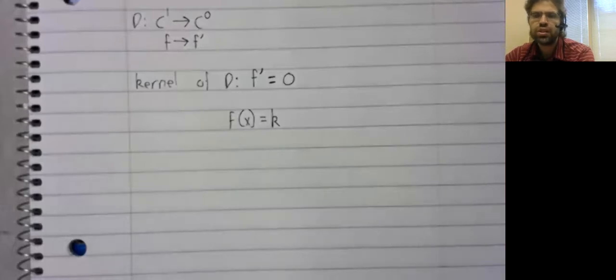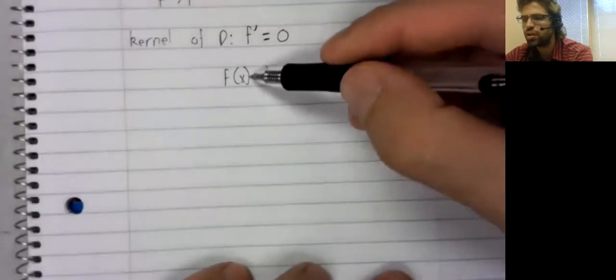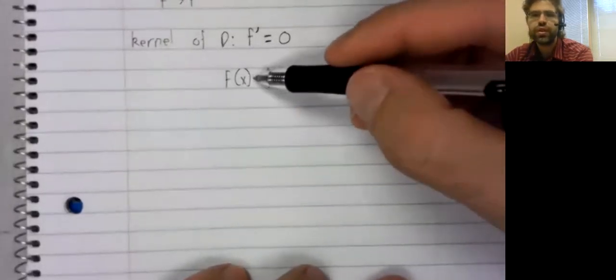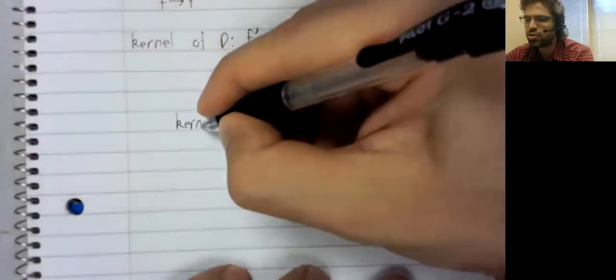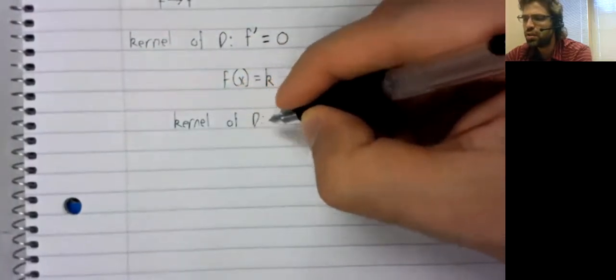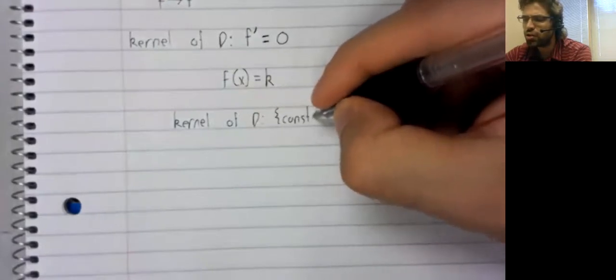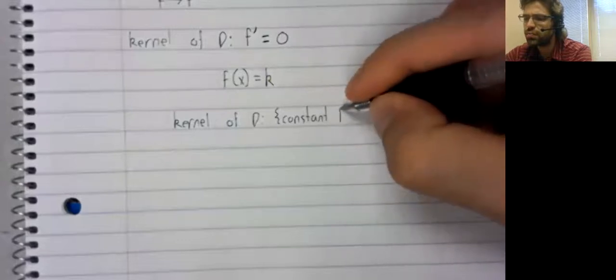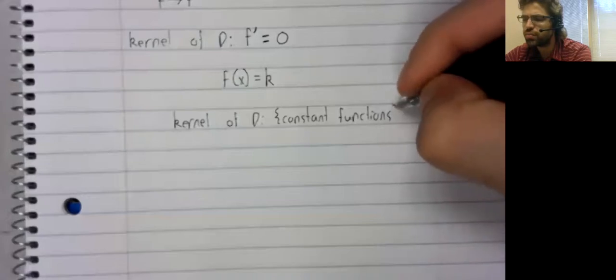If a function isn't constant, then at some point its derivative is not 0. So these functions and only these functions. The kernel of D is the constant functions.